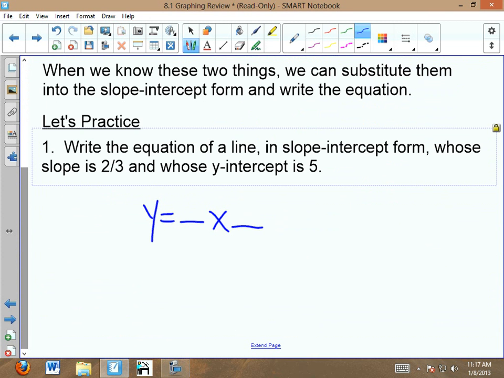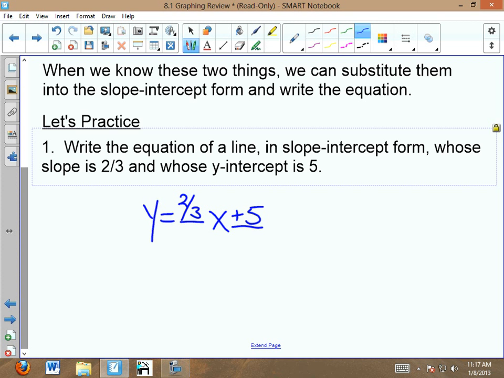Maria, what do I put in my first blank? 2/3. Adrian, what do I put in my second blank? Yep. Now, yes, it's a positive 5, so I have to put plus 5.